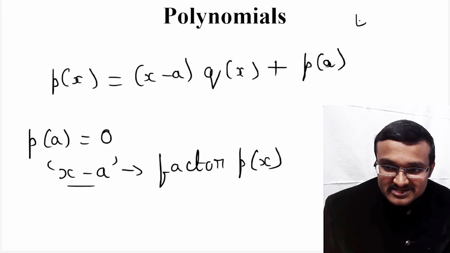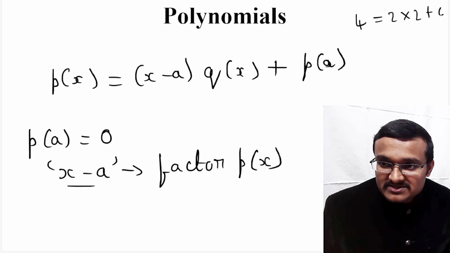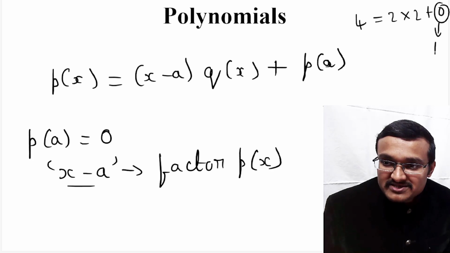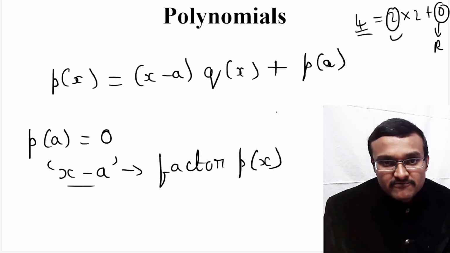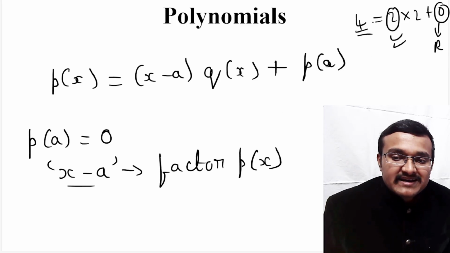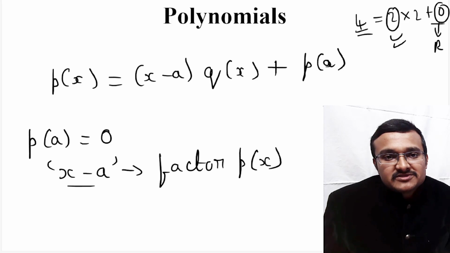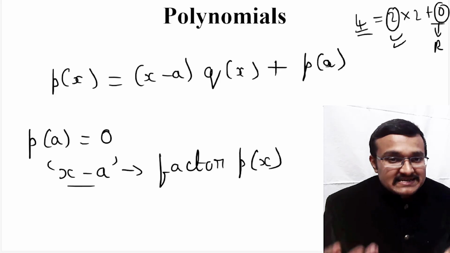It is similar to this particular equation. So 4 is equal to 2 into 2 plus 0. So that means remainder is 0, so 2 is the factor of 4. Or if 2 is the factor of 4, then remainder becomes 0. It is as simple as that.